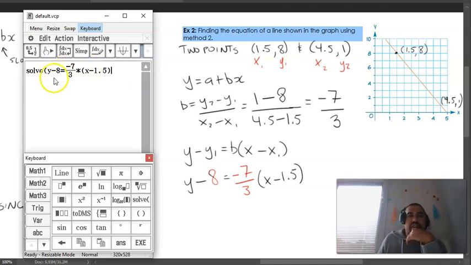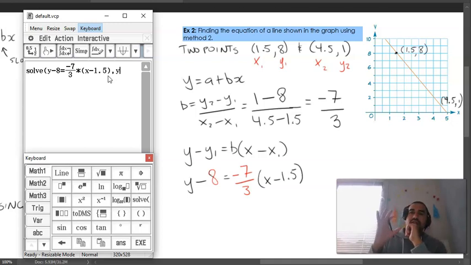All we've done in here is tell the calculator, I want you to solve this equation. You'll notice that there are two variables, y and x. We wanted to solve for y, in the format of y is equal to. So to tell it this, we put a comma and then y, because that's what we're solving for.